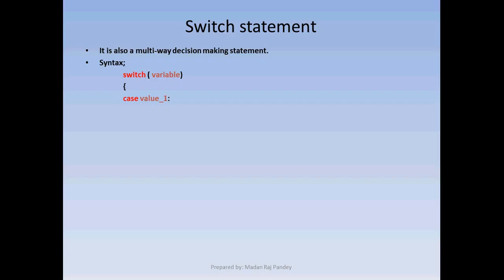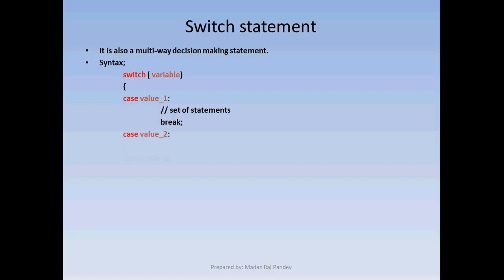This is the syntax of the case, and if the variable's value matches value 1, then the set of statements inside this block is executed. There are no curly braces to indicate that case value 1 is finished. So in short, to jump out of the switch statement, if case 1 is evaluated, we use the break statement. The break statement throws us out of the switch statement.